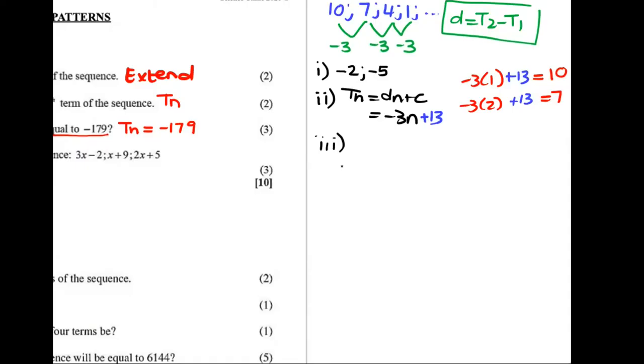Which term of the sequence is equal to -179? Well, as we said when we first looked at the question, we're going to say Tn is equal to negative 179. So quickly work out for me which term is going to be the term that is negative 179.